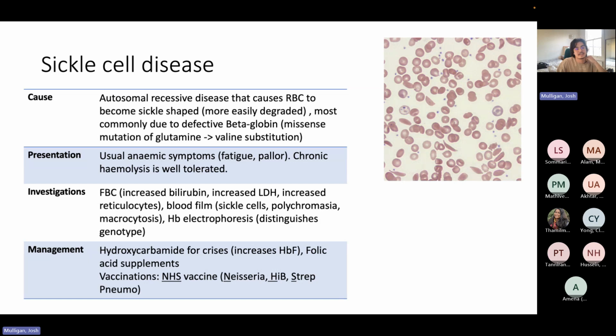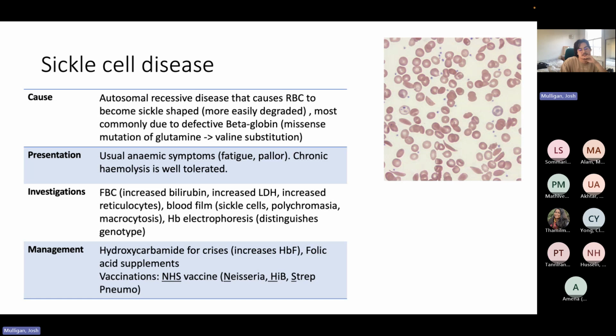In terms of investigating for this, you'd need to look at the full blood count. You want a blood film, and you also want hemoglobin electrophoresis. This is the best way to definitively diagnose the genotype, so whether this is a carrier or whether this is full-blown sickle cell disease.